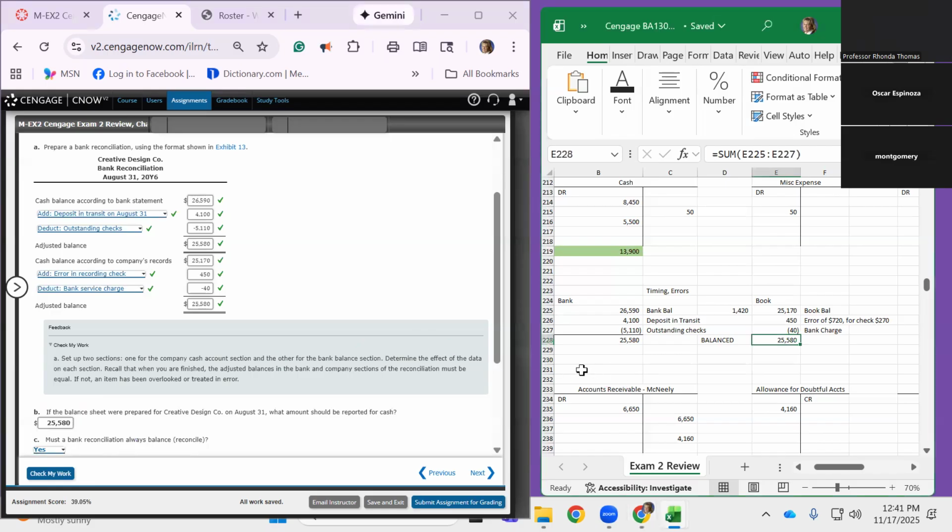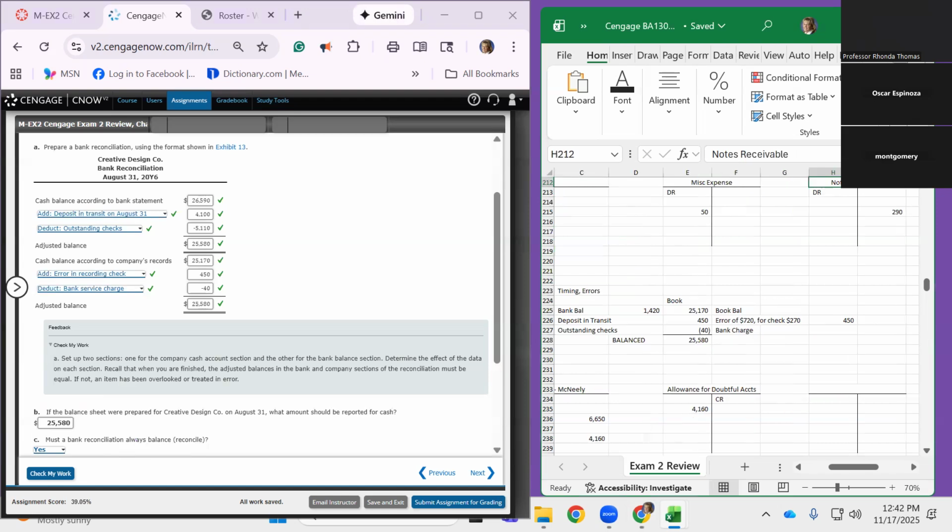And just so you can see it, I'm going to show this to you just a minute. So if we started with 25,170 in our cash account and we made our account go up with $450 because of an error, that error is going to go to accounts payable because that was a vendor we were paying.